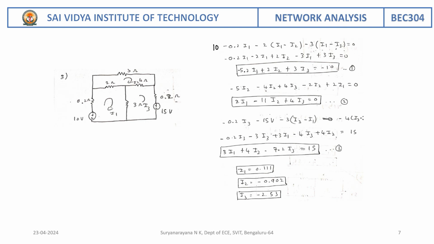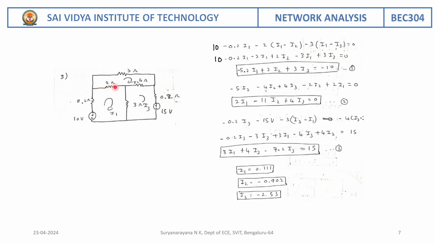So now let us consider mesh 1. So when we consider this mesh 1, we are moving from negative to positive. Therefore here positive voltage we have to write 10. We are moving in the direction of assumed current, therefore I1 is flowing through 0.2 ohm, minus 0.2 I1.